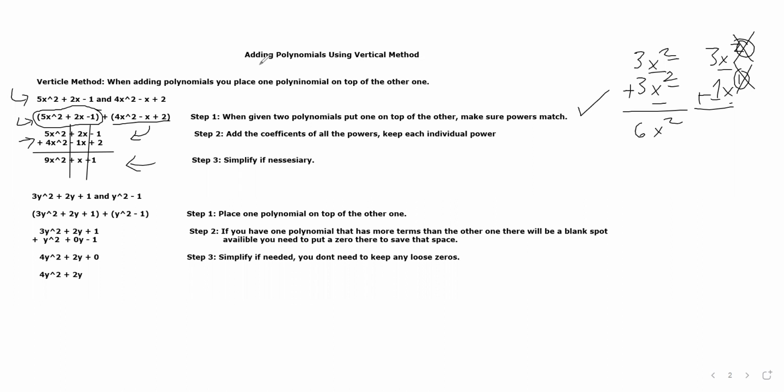In other words, I'm gathering up all the like terms from both polynomials, and I'm putting them underneath each other, so that when I add them, I know that I need to add the numbers. So the 5 and the 4 become a 9, right? The x squared doesn't change, which means that 5x squared plus 4x squared is going to give me 9x squared.